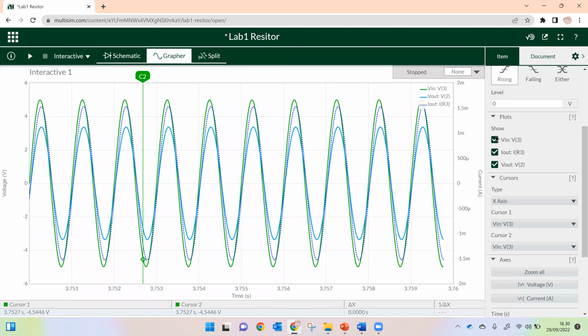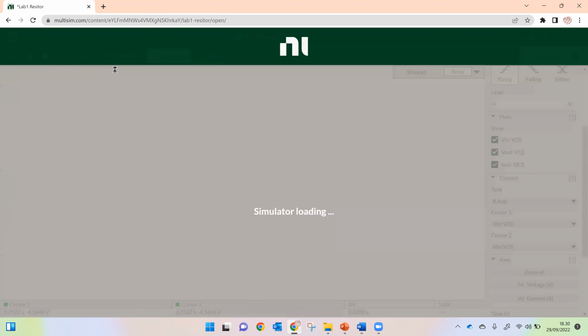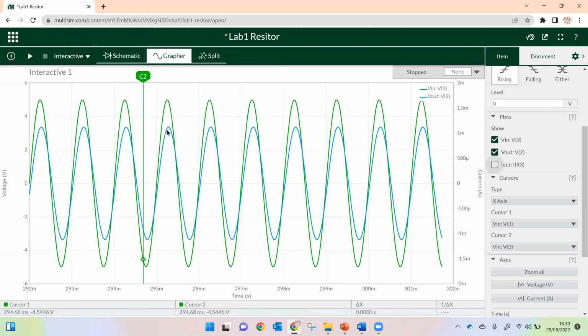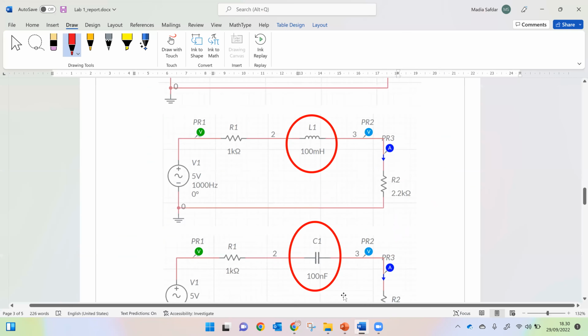And the same thing, first of all we have to get the output voltage. Okay, so how much is the output voltage? 3.3614.